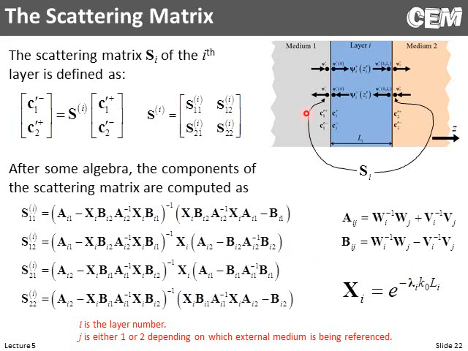But when we do that, sandwich this a layer all by itself in between two different materials, this is the scattering matrix parameters and how we would calculate them. So the subscript i is talking about which layer we're in, and then j is either a 1 or a 2, depending whether we're talking about medium 1 or medium 2.